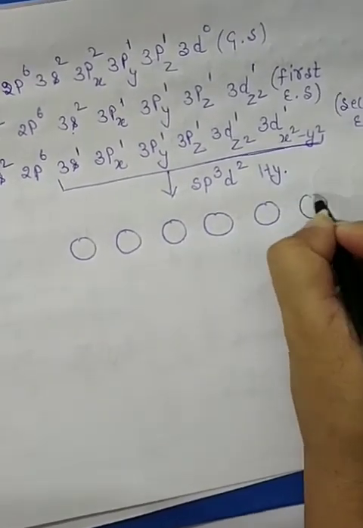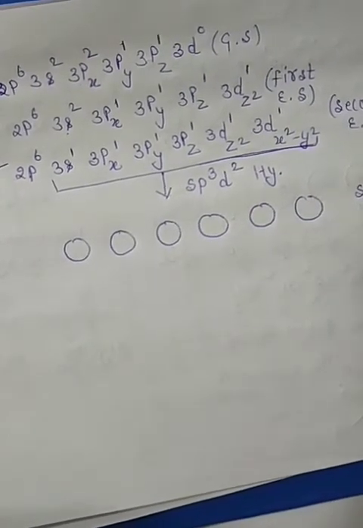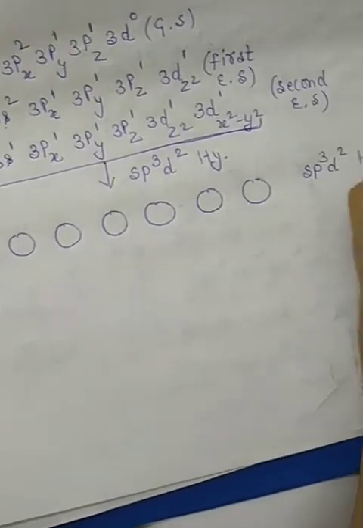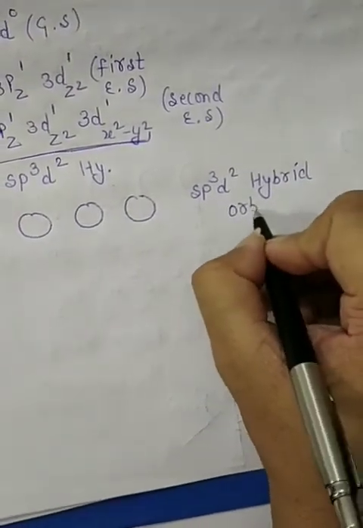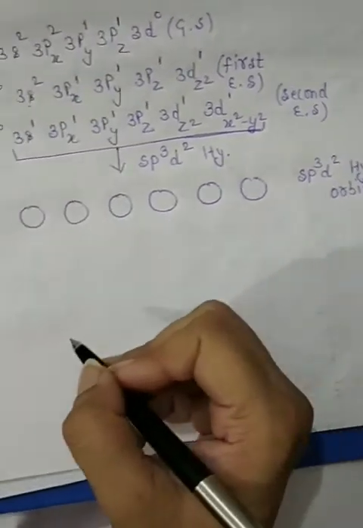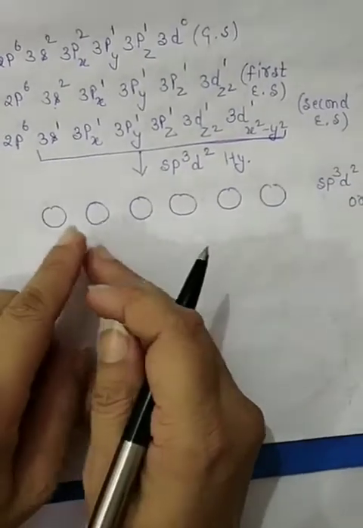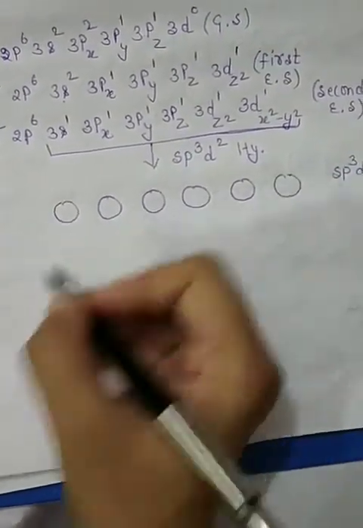These orbitals are called sp3d2 hybrid orbitals. Okay, now we have 6 sp3d2 hybrid orbitals.